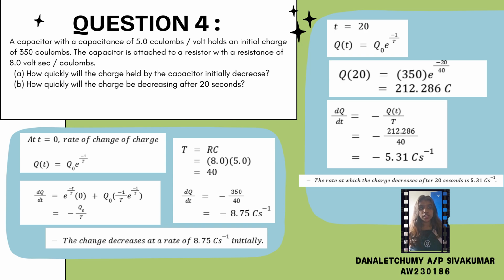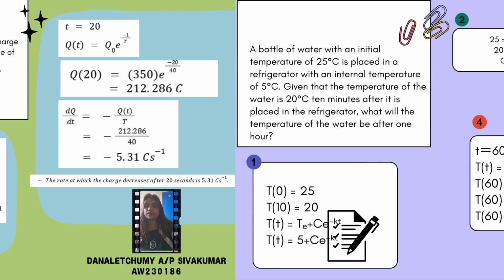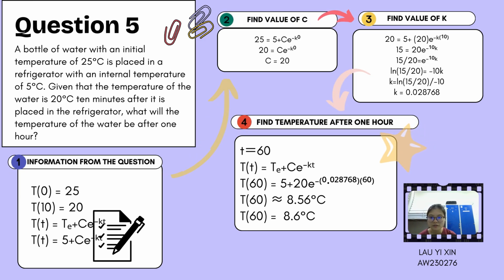And then we have to substitute this value into the differential formula. So we will get negative 5.31 coulombs per second. The rate at which the charge decreases after 20 seconds is 5.31 coulombs per second.